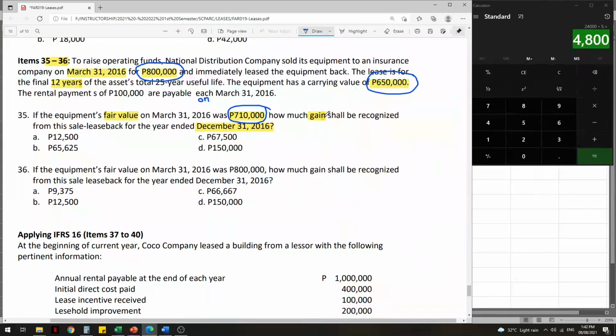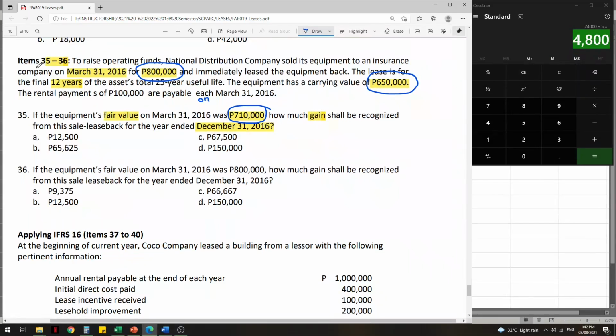But have you ever seen an interest rate there so that you can compute the present value for your lease liability or right of use asset? There is no interest rate given. And there are no other clues that would prove otherwise that this is really a finance lease. Sometimes you will just have to infer from the intention of the problem whether it is a finance lease or an operating lease.